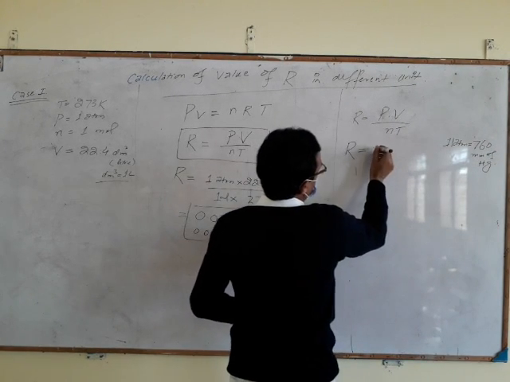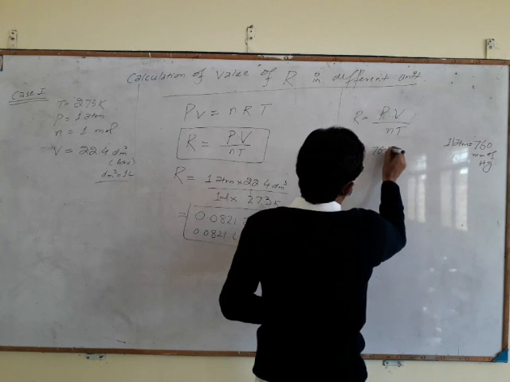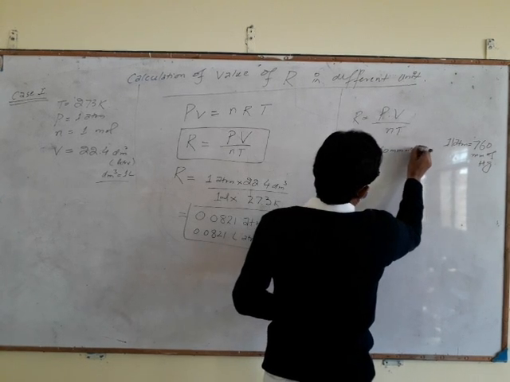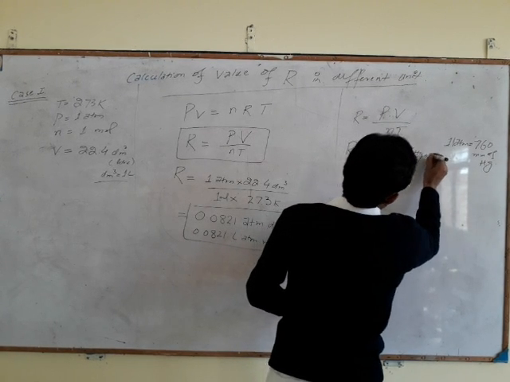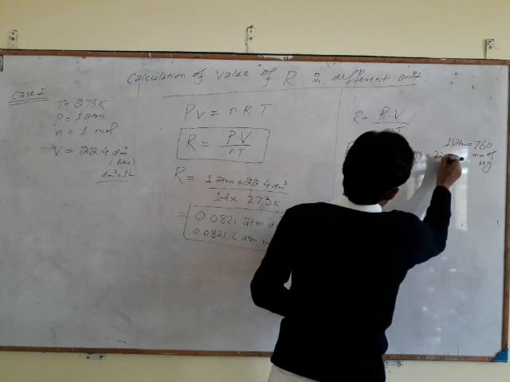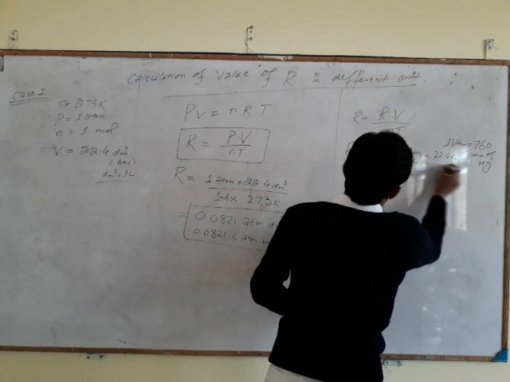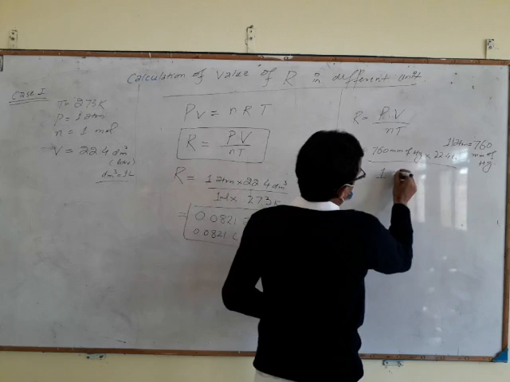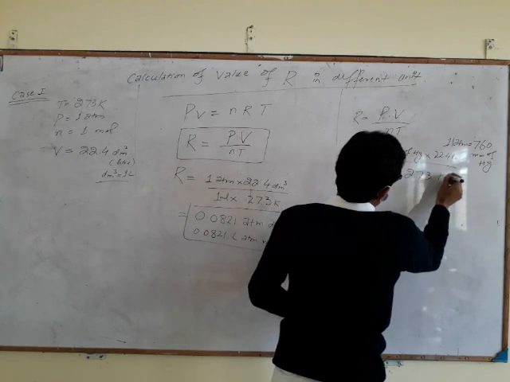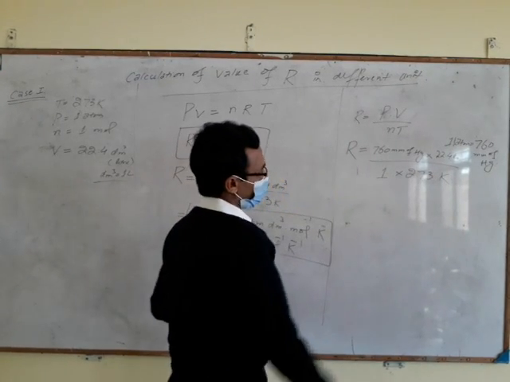So 760 mm of Hg, 22.4 liter, number of moles 1, and 273 Kelvin.